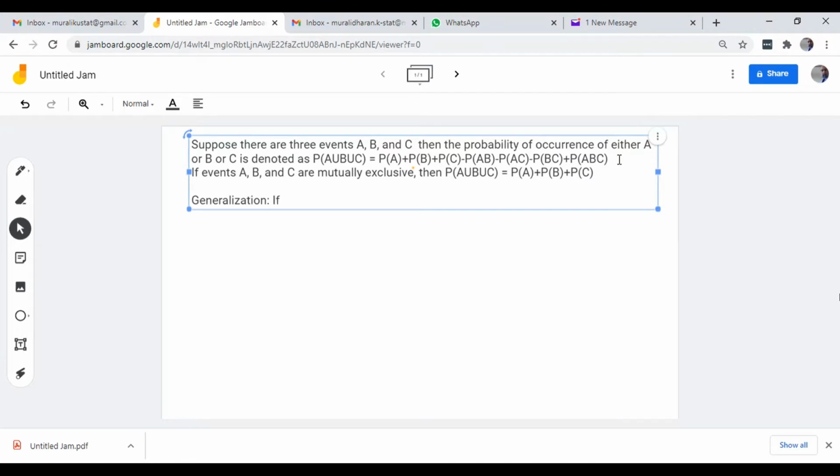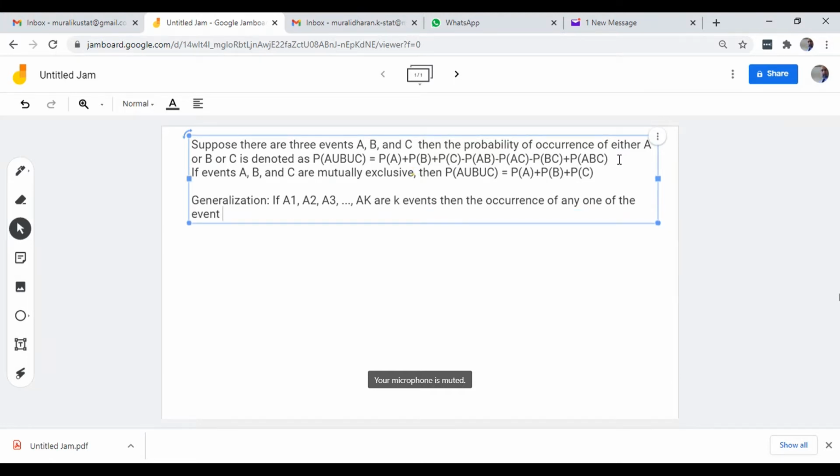If A1, A2, A3, etc., say AK, are K events, please write the numbers as suffix, then the occurrence of any one of the events. The other meaning is either A1 or A2 or A3 and so on.